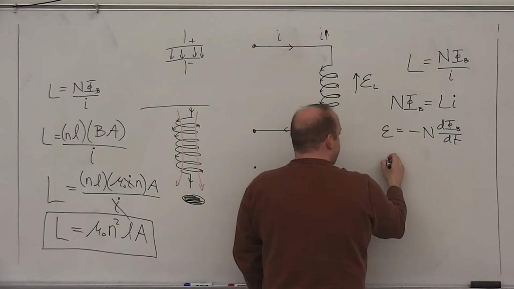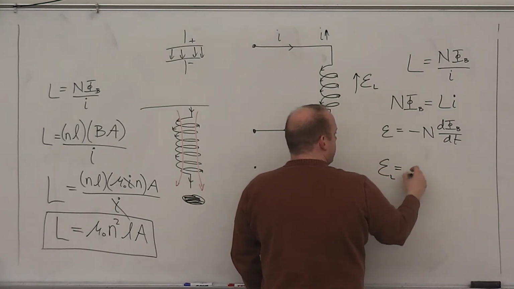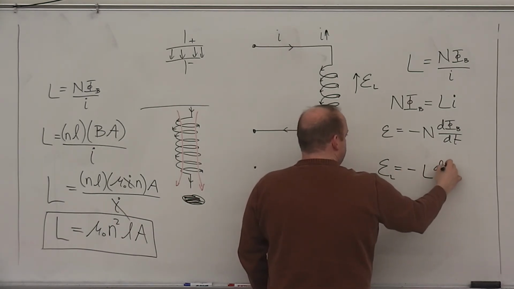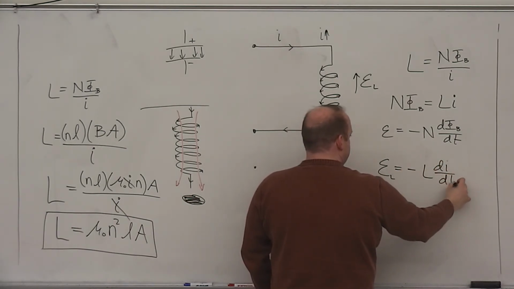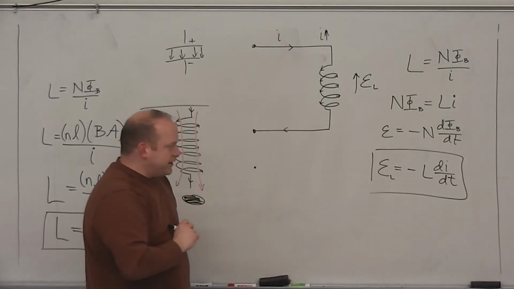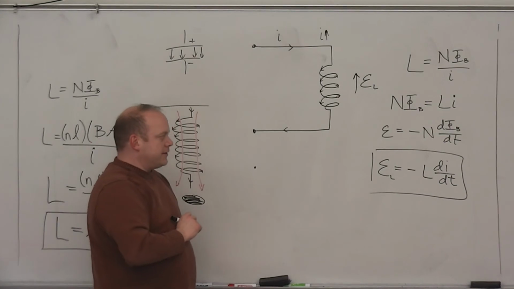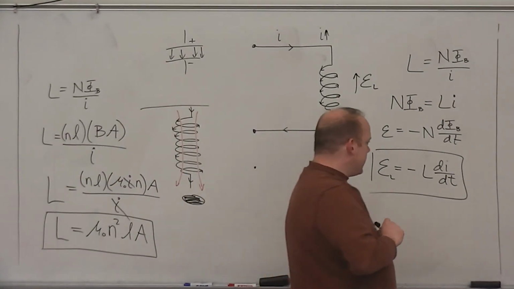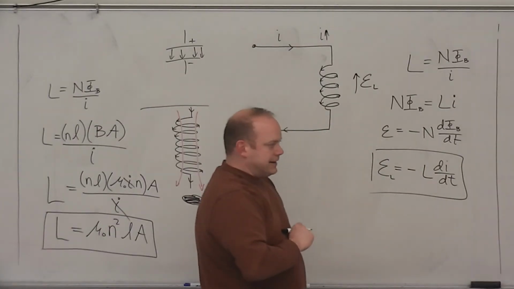So if I was going to do that, I could say that my induced EMF here would equal negative L di dt. So the voltage across an inductor is negative L di dt. Negative L di dt.